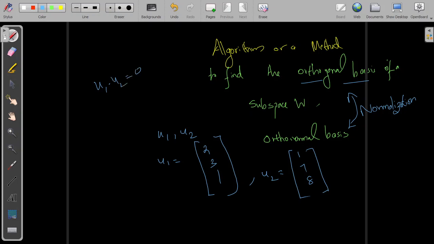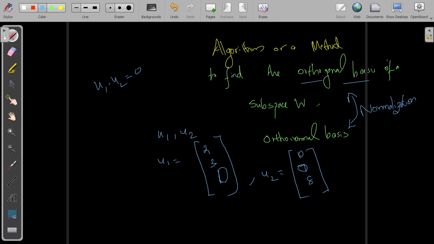In this case it will not be equal to 0 at first, but for orthogonal vectors the dot product is 0. So these two are orthogonal vectors.